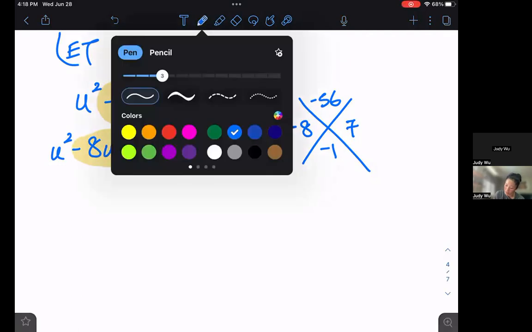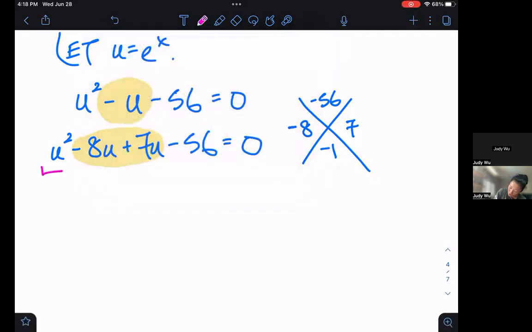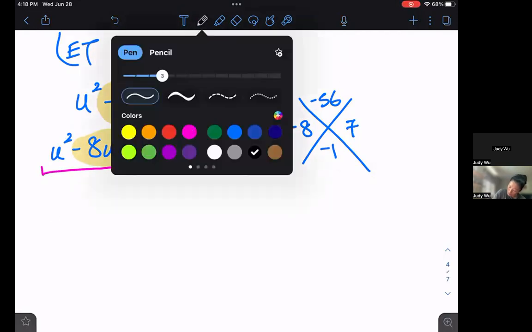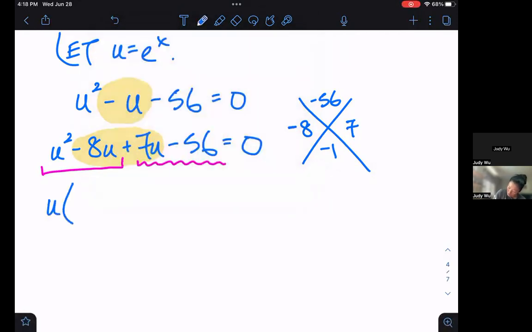All right. Now I'm going to group the first 2 terms, and I'm going to clump the second 2 terms. And from each of those, I'm going to pull out the greatest common factor. So for u squared minus 8u, I can take out a u times u minus 8.